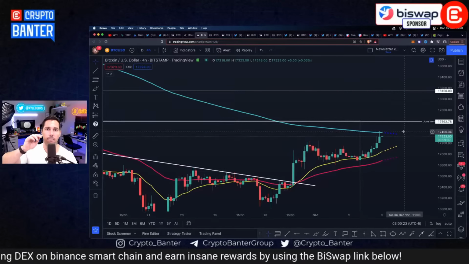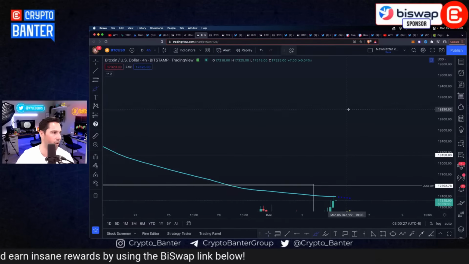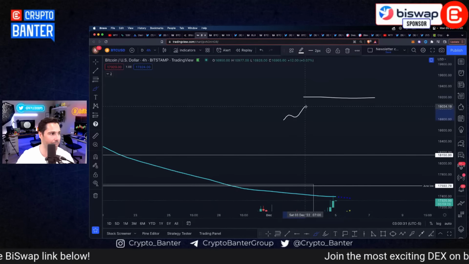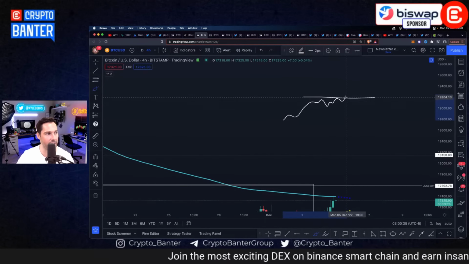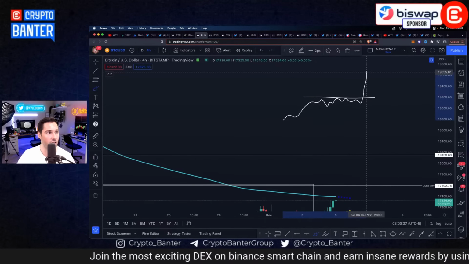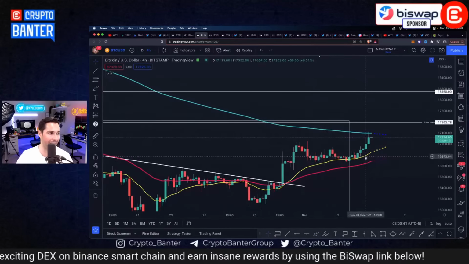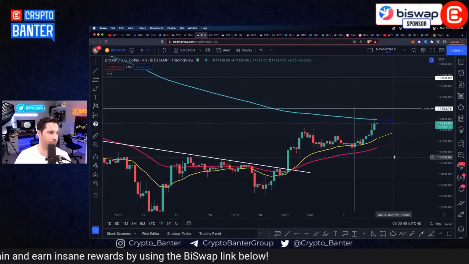Whenever you see price consolidating into a resistance area, so let me just draw it out for you. You have your main resistance area over there, and you see price coming up slowly into that resistance, and it's just grinding and grinding and grinding. That usually leads to an explosive move through that level, and that's kind of the way that I'm looking at it on the low time frames at the moment. That's what I'm thinking is probably going to happen.